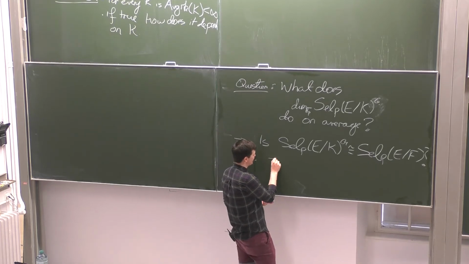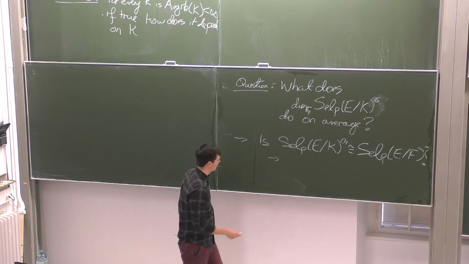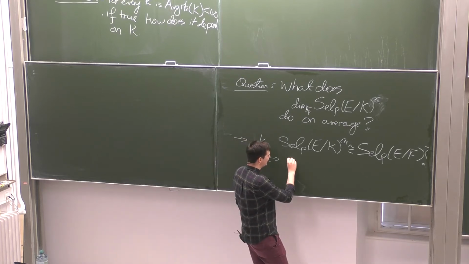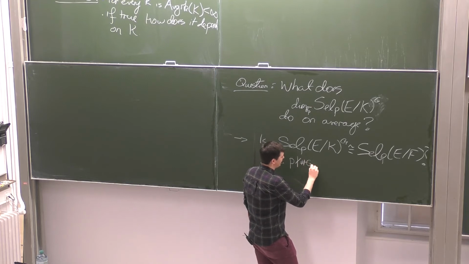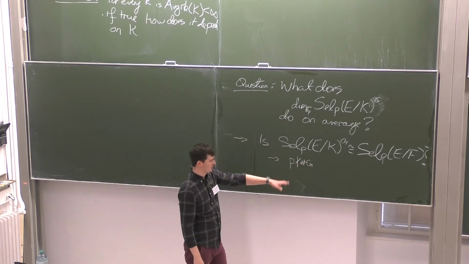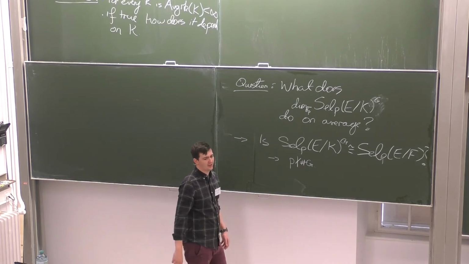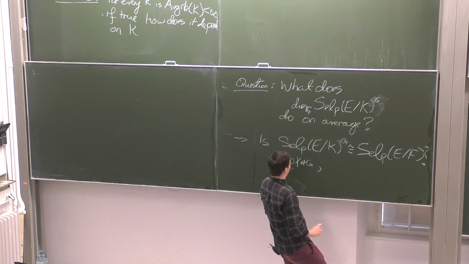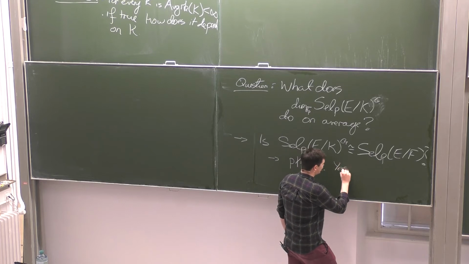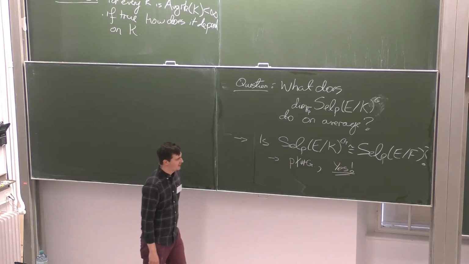And the answer to this question comes in 2 distinct flavors, not vanilla and chocolate, but yes and no. So if p does not divide the degree of the extension, the order of this group, so that somehow, at least from the perspective of group representation theory, your representation is nice, then in this case, absolutely. These 2 things work out the same.